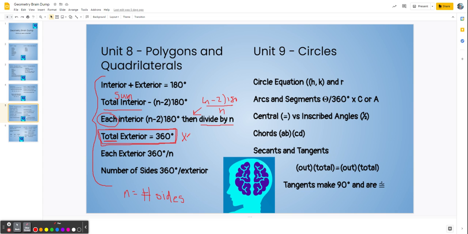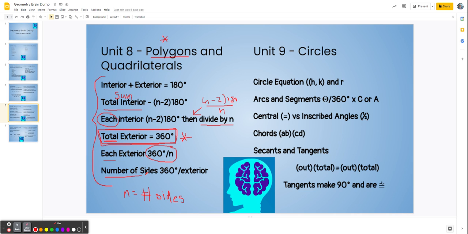Then we've got the total exterior angles is always 360. So to find each exterior angle, you can just divide by the number of sides. Okay. We had 1, 2, 3, 4, 5, 6 formulas for this one unit, and that was just for polygons. I didn't even put anything down for quadrilaterals here.